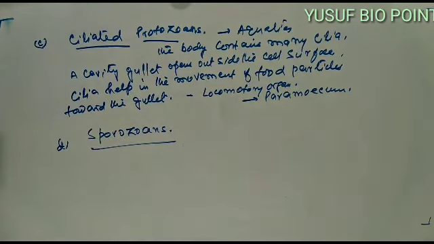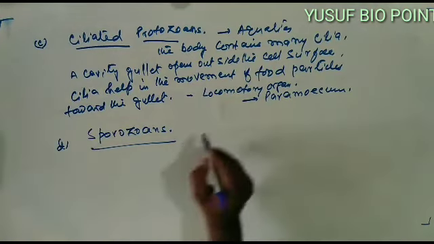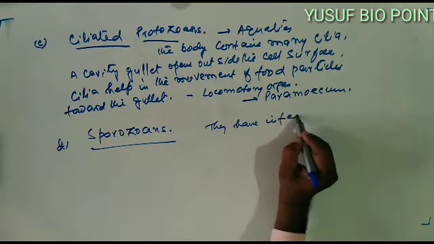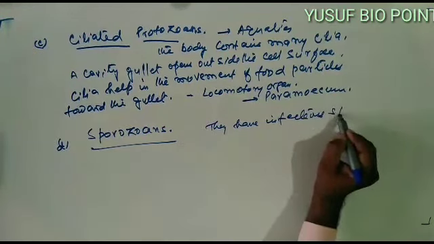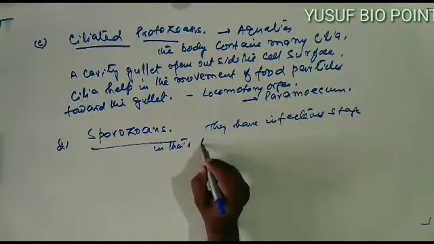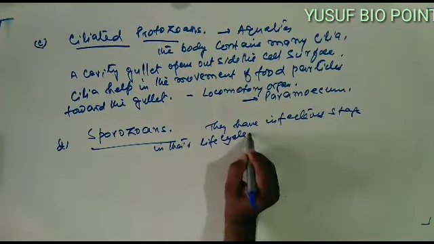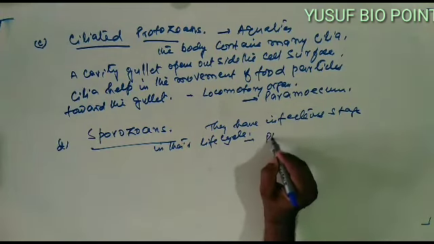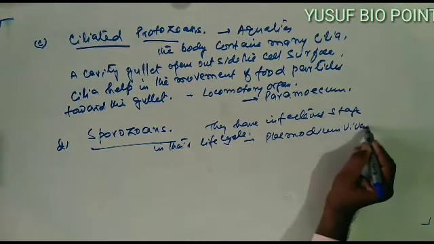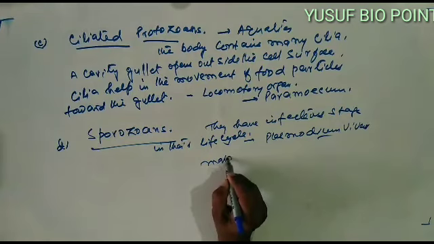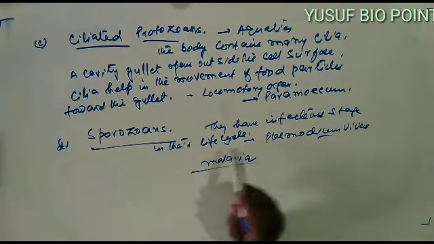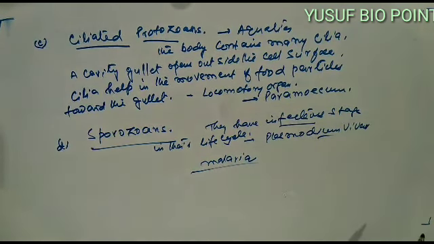And the final one is sporozoans, because they have an infectious stage in their life cycle. Example, Plasmodium vivax, which causes malaria, because it has an infectious stage in its life cycle.